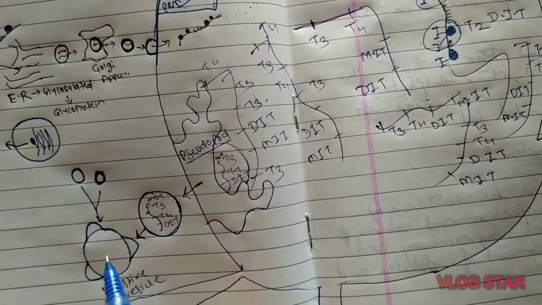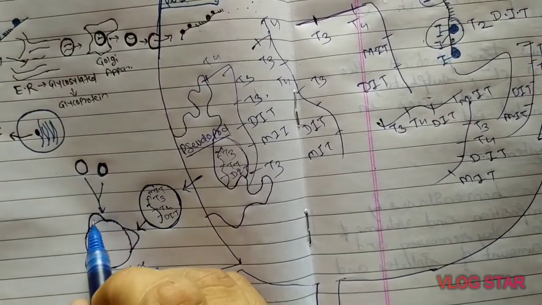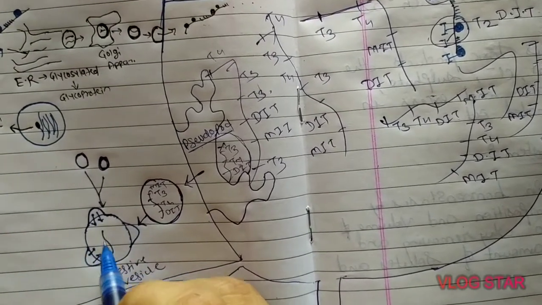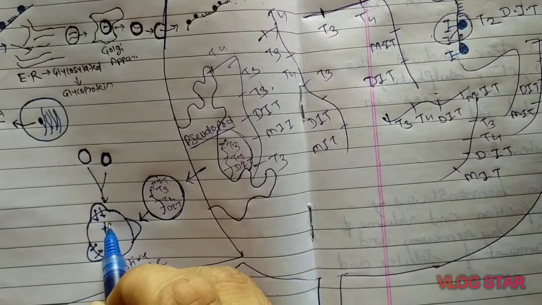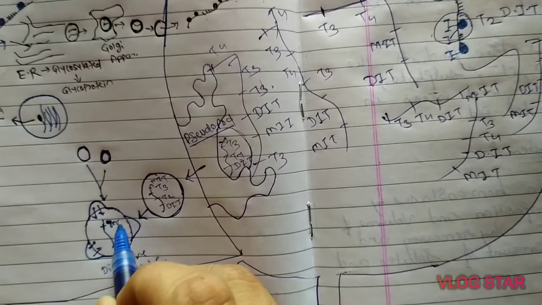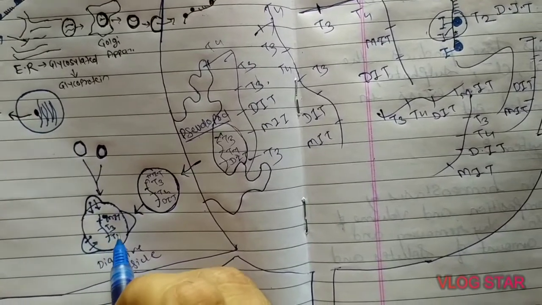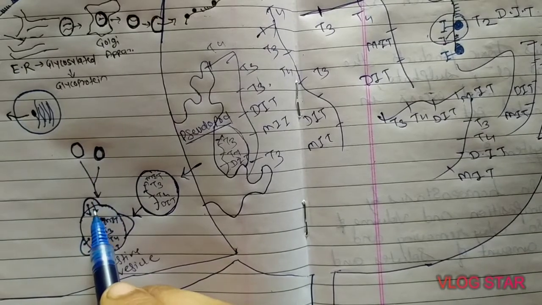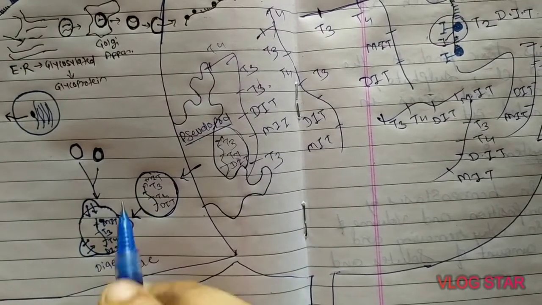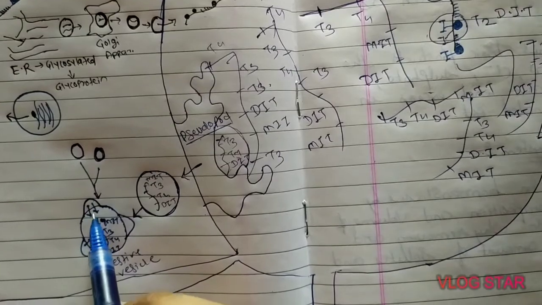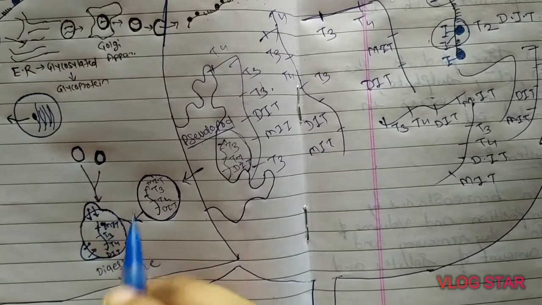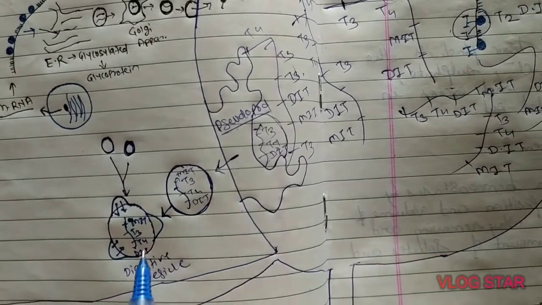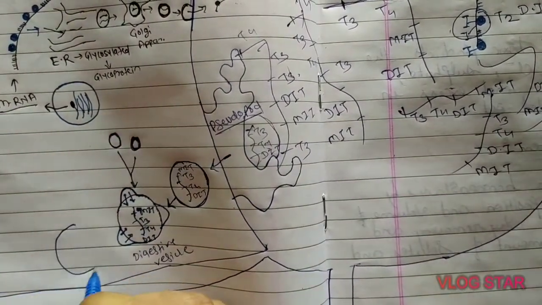So once the lysosomes bind with this pinocytic vesicle, they secrete their lysosomal enzymes inside, where there is a part of the colloid.